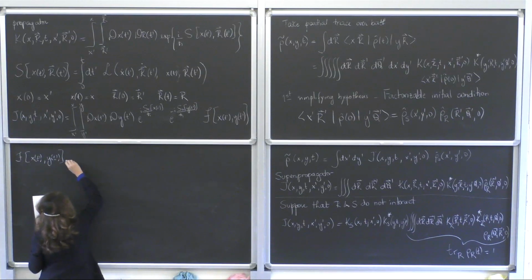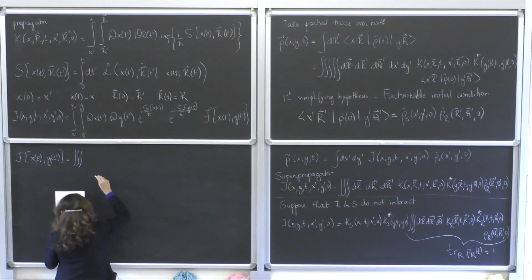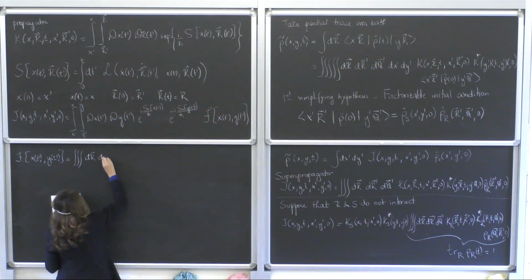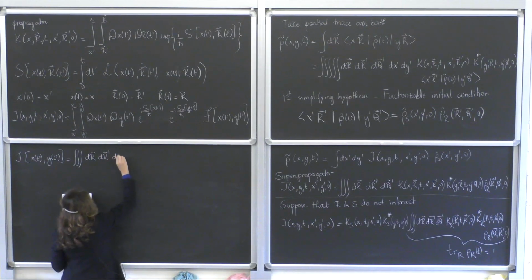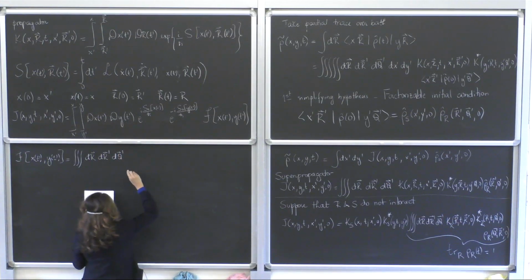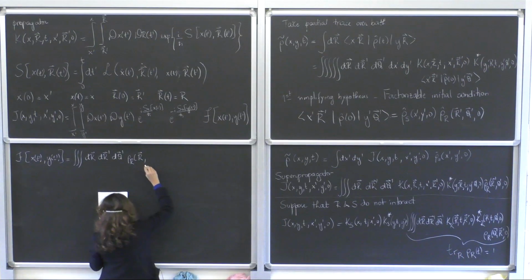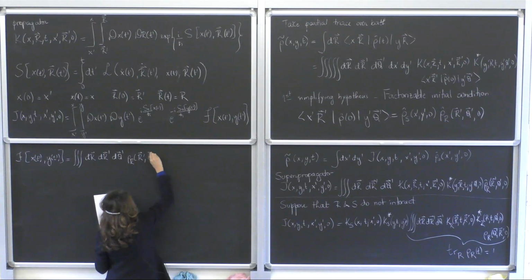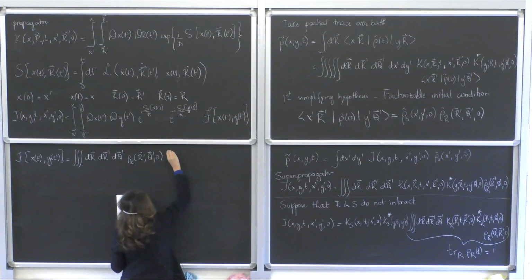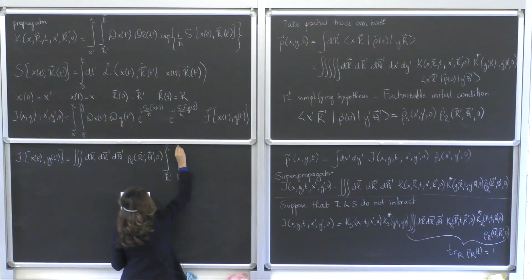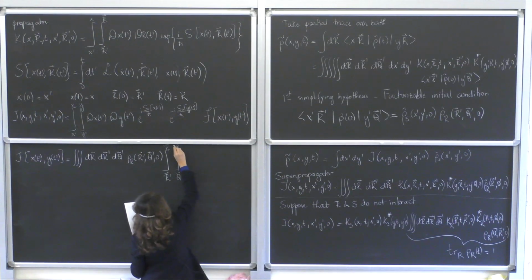F of y of t prime, x of t prime, then the integrals dr prime, dq prime, and then I have the rho R of r prime, q prime, 0, and then I have the path integral from r prime to r, the path integral from q prime to r, because I'm taking the trace.